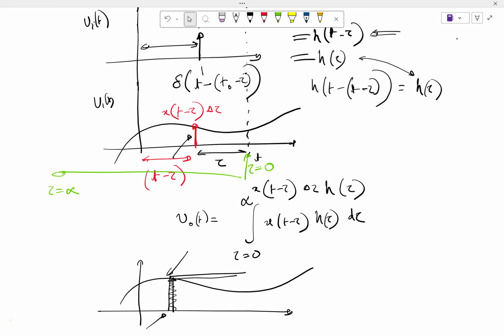So we are kind of a summation of impulse responses. You can imagine each impulse is an input that has happened to the system at some time, and we are finding out what is the effect at some arbitrary time instant t. Okay, fine.